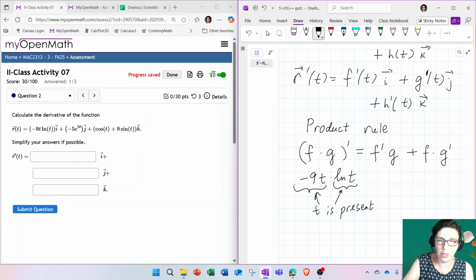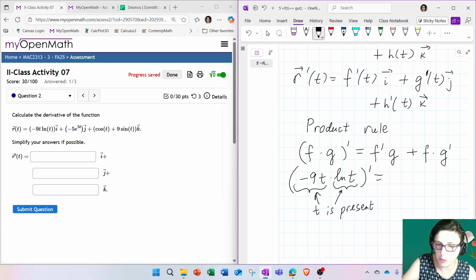If, for example, one of those parts was just a number, you can use the constant multiple rule, which just says keep the constant and you don't need any special rules. So if this was just negative 9 natural log of t, negative 9 would stay and that's it. So only use the product rule when you have a product of two things and both of them have an unknown in them.